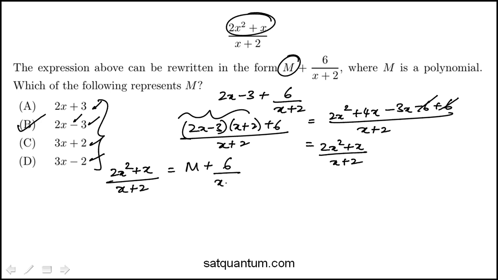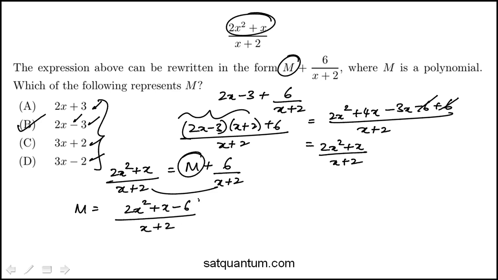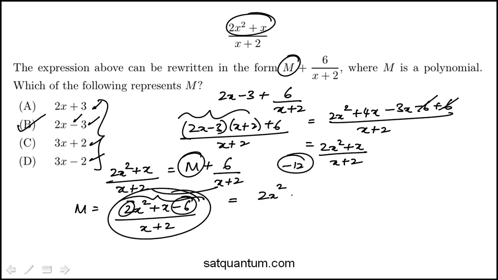We can isolate m, and we do the subtraction, and remember they have the same denominator, so the numerator becomes 2x squared plus x minus 6 over x plus 2. And I have to simplify this, and you have a quadratic expression on the top, and we need a product of minus 12. So I'm factoring this numerator, minus 6 and 2, minus 12.